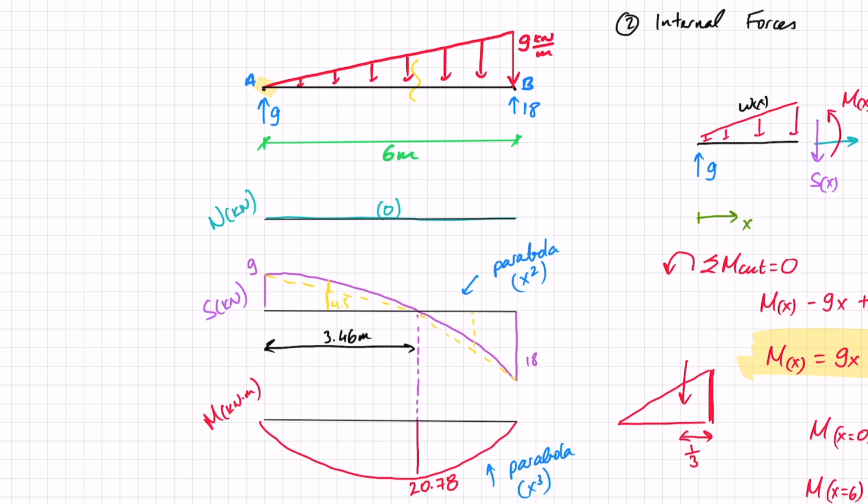As we saw before, when the shear is at 0, we get our maximum or minimum moment, and our shear starts from our reaction force and ends in the reaction force, and our moment starts at 0 and ends in 0. And that's us.